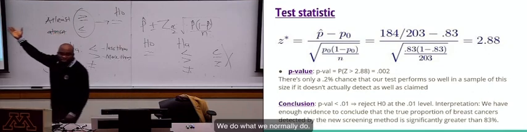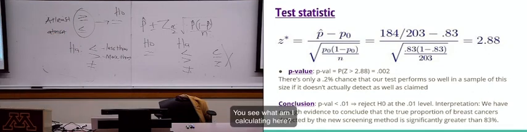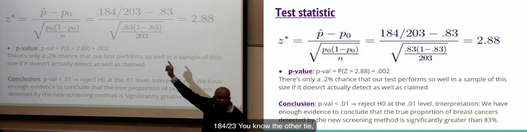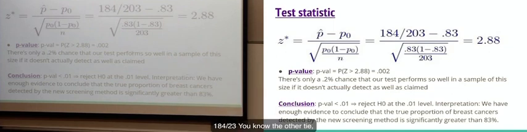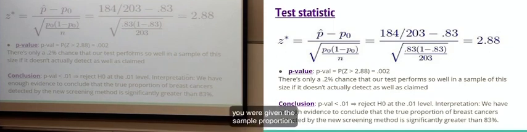Okay, now we do the same thing. We do what we normally do. What am I calculating here? 184 over 203. The other time, you were given the sample proportion. But this time around, you are the one to compute the sample proportion because you sampled 203.